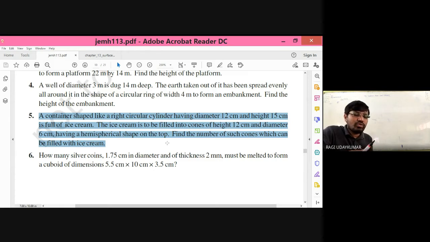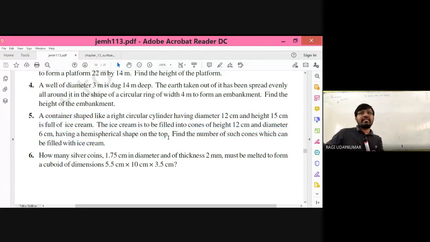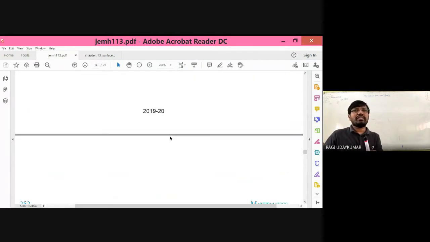So n into (1 by 3 pi r square h plus 2 by 3 pi r cube) in the brackets is equal to pi R square H. But here capital R and capital H should be taken for the cylinder dimensions. Small r and small h should be taken for the cone dimensions. So there is no difficulty here. You can do this problem. I am leaving this to you as homework.